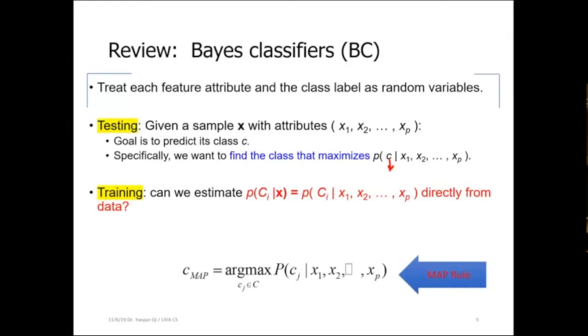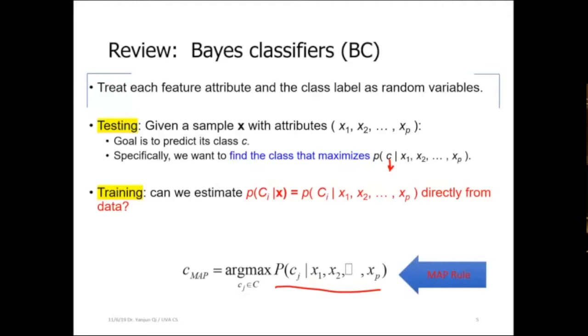Here C is our output variable, x is our input variable vector, because we normally have multiple input features. The fundamental is using P(C | x), and whichever gives me the argmax, the specific class value giving the largest conditional probability, is my predicted classification label. This is the MAP rule.